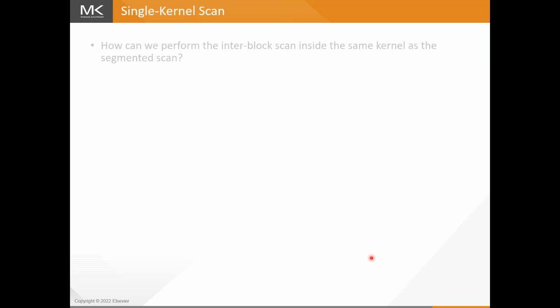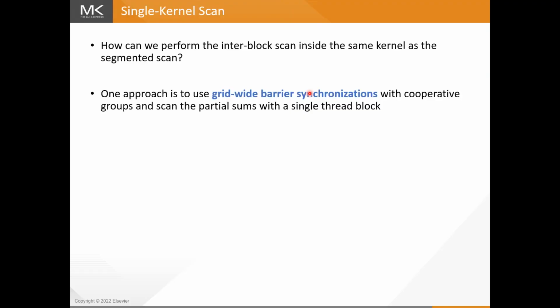To do a single kernel scan, we need to have the interblock scan inside of the same kernel as the segmented scan. We can either do a grid-wide barrier synchronization across all the thread blocks, but that's going to limit how many thread blocks I can launch, which is going to limit the size of the array that I scan.